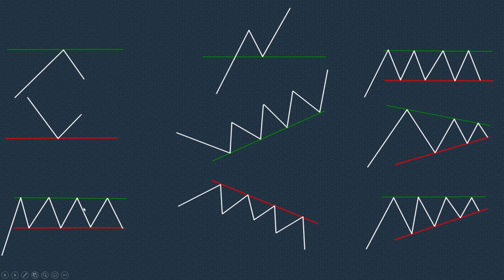However, we can draw this level not according to just one point, one high or one minimum, but according to a very big number of touches, and it forms a so-called flat.